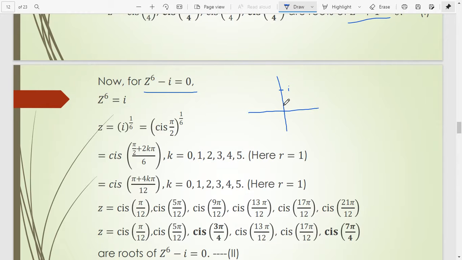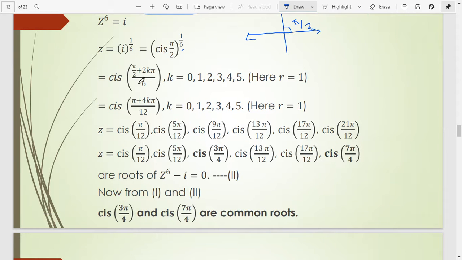So the angle with the x-axis is π/2. So θ is equal to (π/2 + 2kπ)/n, where n is equal to 6. So k values are 0, 1, 2, 3, 4, 5.